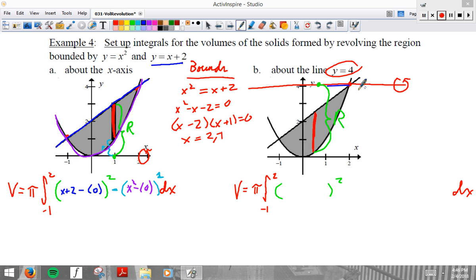This guy, top 4 minus bottom, x squared. If you write that square first, you're usually less likely to forget that square. A lot of your brains, my brain included, don't like seeing square square, don't like writing square square. You're just going to help avoid it.